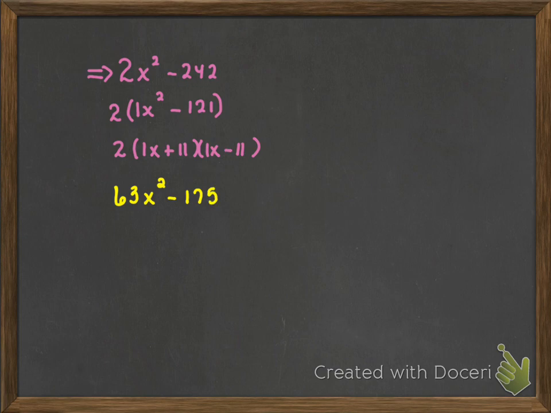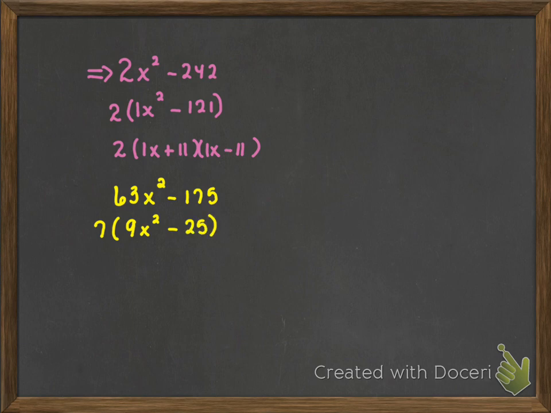Now 63 is not a perfect square, but one thing that can come out of each one of those, the greatest common factor that we could pull out of both of those numbers, is a 7. Okay, that's the greatest common factor. When I divide 7 out of 63, I get 9x squared. And when I divide 7 out of 175, I get 25.